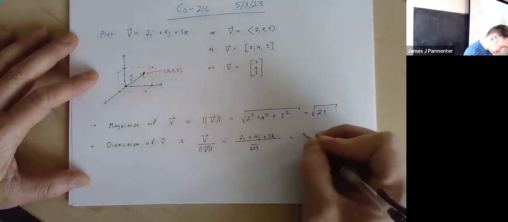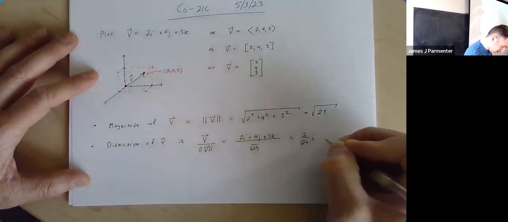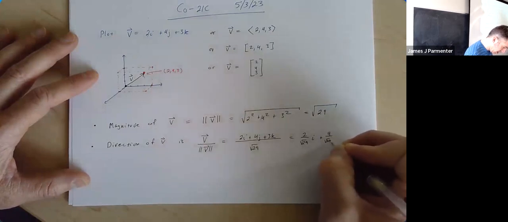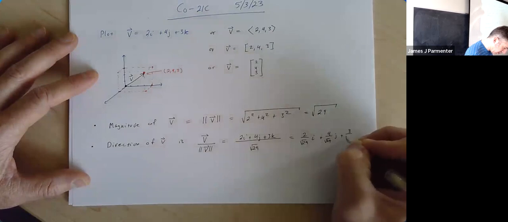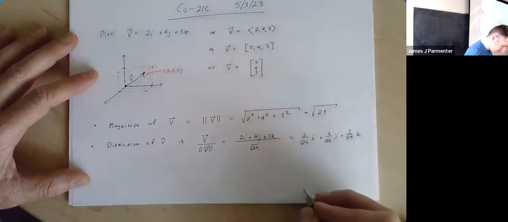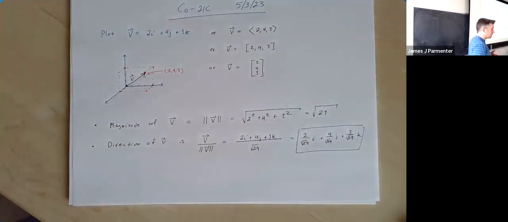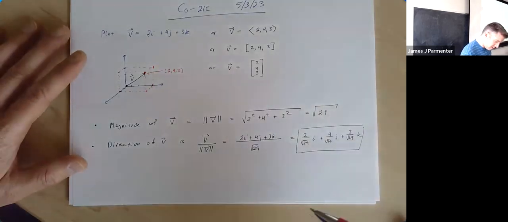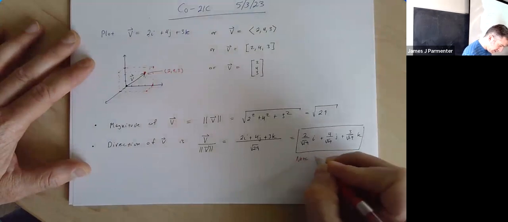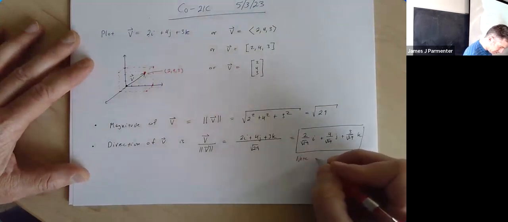So I get 2 over root 29 i plus 4 over root 29 j plus 3 over root 29 k. I'll point out that when you talk about the direction of a vector, you're still talking about a vector. So this vector has magnitude root 29 and direction 2 over root 29 i plus 4 over root 29 j plus 3 over root 29 k, which is kind of a mouthful, but that's what it is. I will note that this has a magnitude of 1.